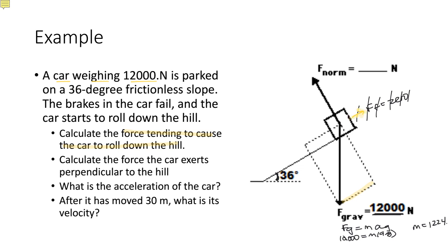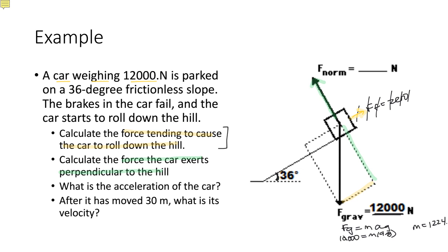And then it wants us to find the force the car exerts perpendicular to the hill, which would be this force, which we compare to this force. And then after that, it wants us to find the acceleration of the car and the velocity of the car after 30 meters.